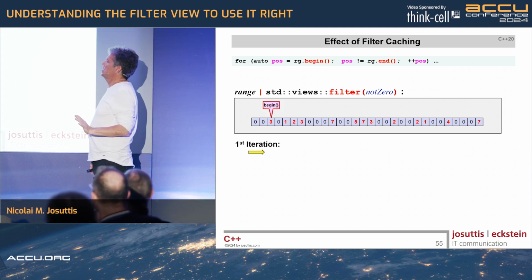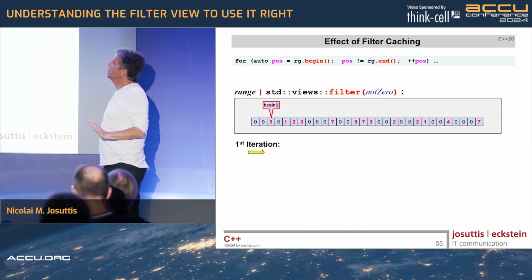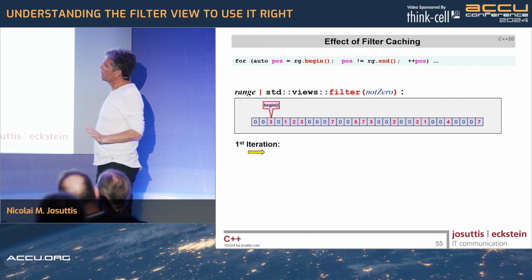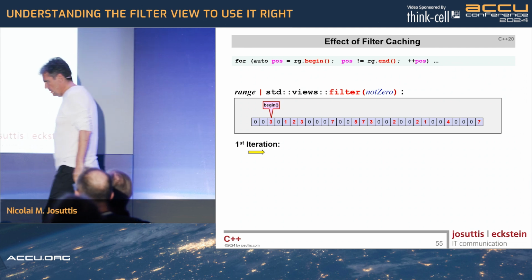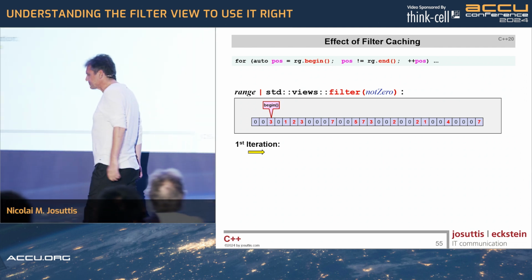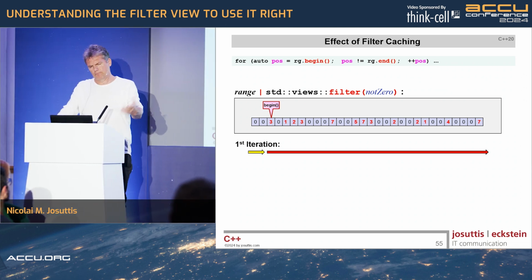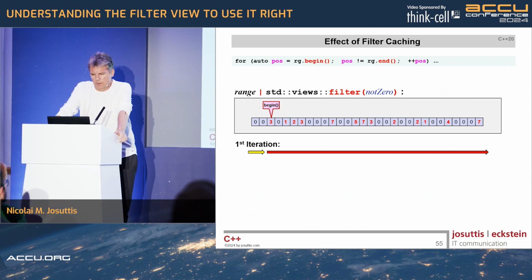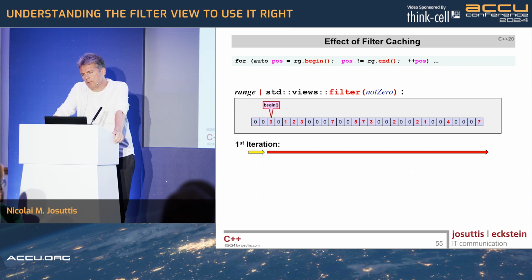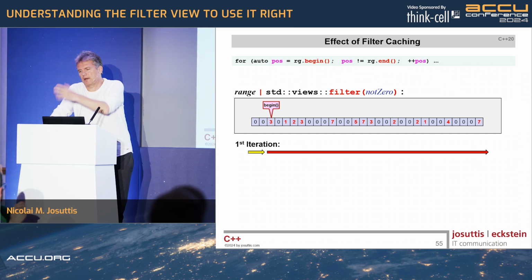The first iteration has to find begin, which here is 2 elements ahead, so we go to the third element. Pretty okay, I would say. Then we iterate step by step over the other elements.